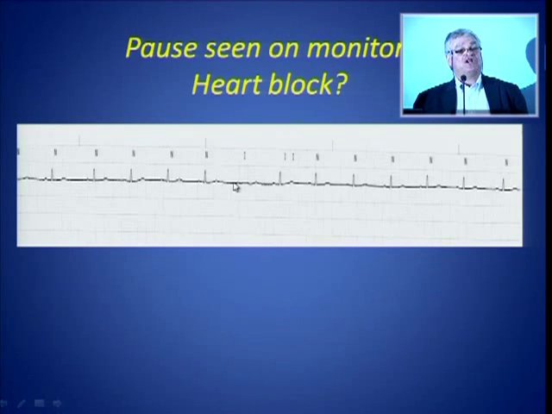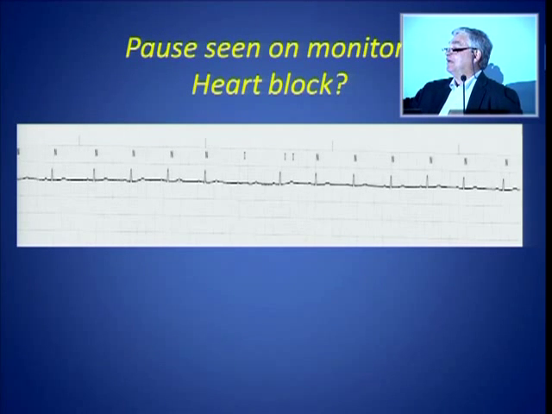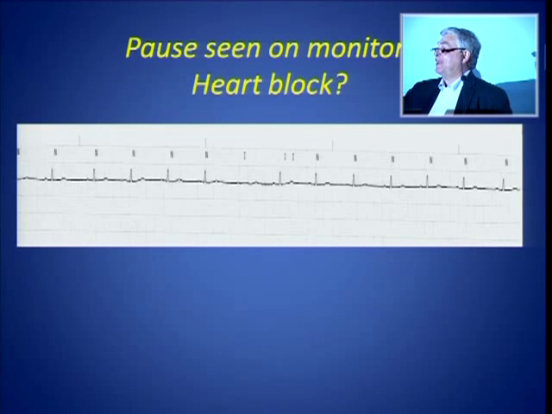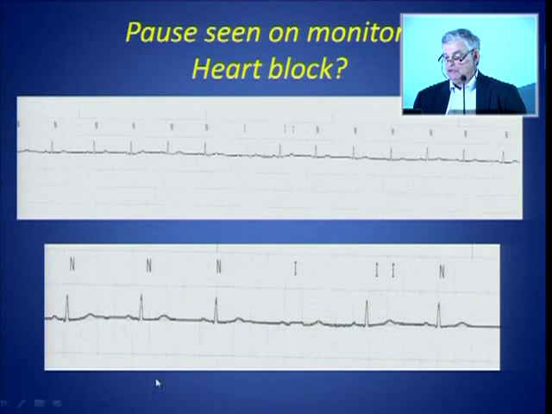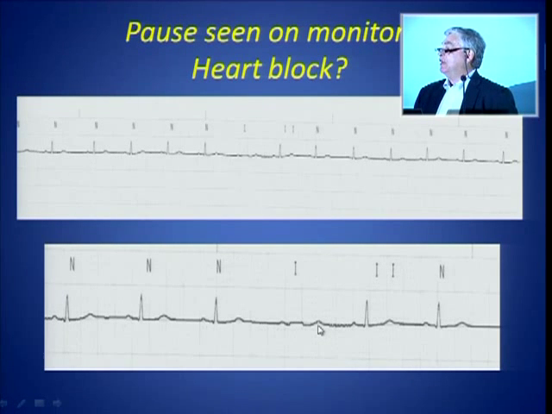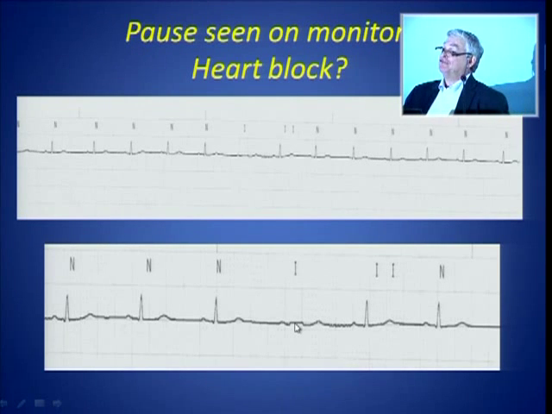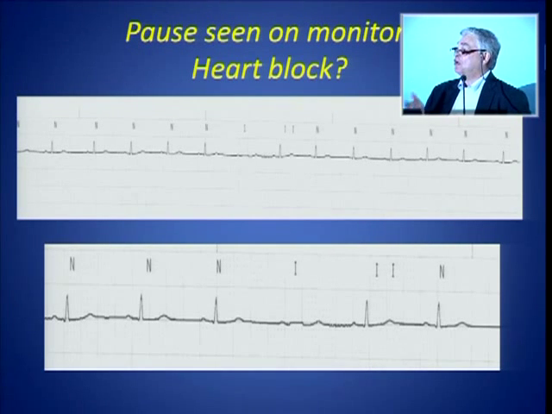Somehow the monitor just happened to cut out at the moment right after the P wave. I'll blow this one up for you too. And you can see a normal P wave and a totally normal T wave. So this was sent as heart block. You have to examine things closely. The answer is almost always there, but you have to look.